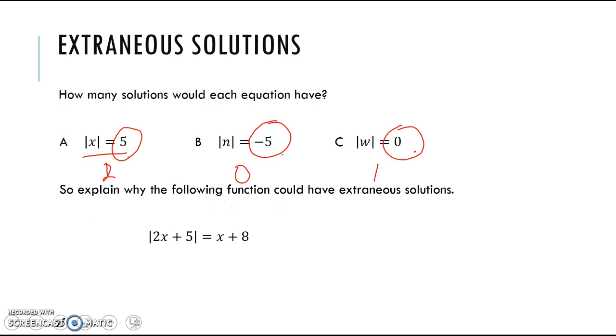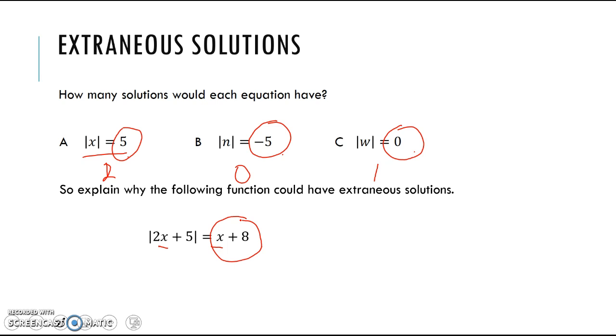Can you explain why the following function could have extraneous solutions? It depends on what the value of x ends up being. If we have a value of x that makes this side over here equal to a positive number both times, I'm going to have 2 solutions. Sometimes this is a positive number. Sometimes it's a negative number.